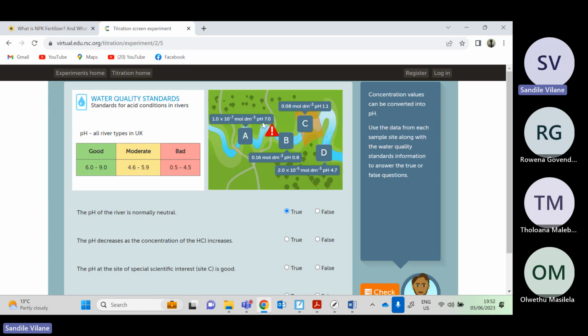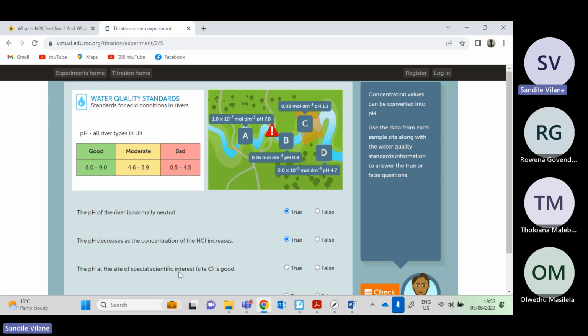And look at that, pH is 7, that is true. When the concentration of the acid increases, the pH decreases because the pH of the acid is less than 7. Absolutely true again. So when you add acid to a neutral substance, the pH will decrease.